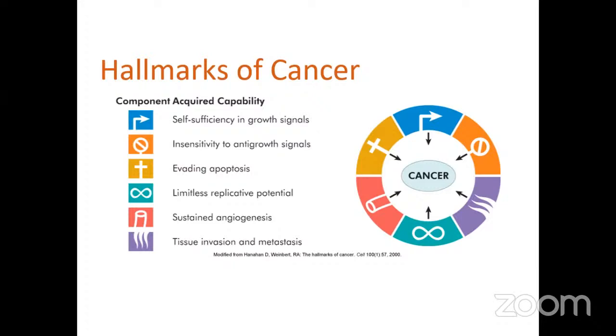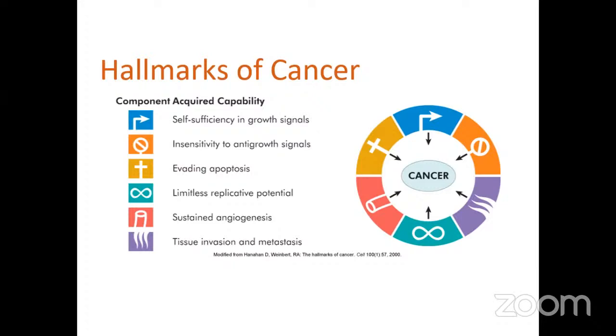The second is insensitivity to anti-growth signals. That means though our body says stop dividing, it becomes insensitive. So it won't listen. It won't react to the anti-growth signals, hence they will be continuously dividing.